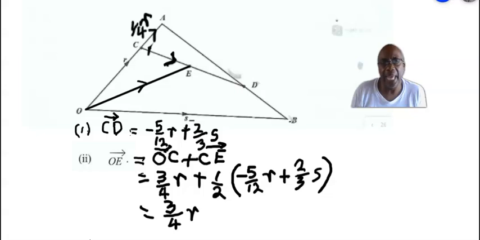A plus a half times a minus 5 over 12R, so a plus times a minus is a minus. So minus a half times 5 12s is 2 times 12 is 24. So it's minus 5 over 24 R, and plus a half times plus 2/3 is plus. We can cancel out the 2's, so we'll just be left with 1 over 3 S.